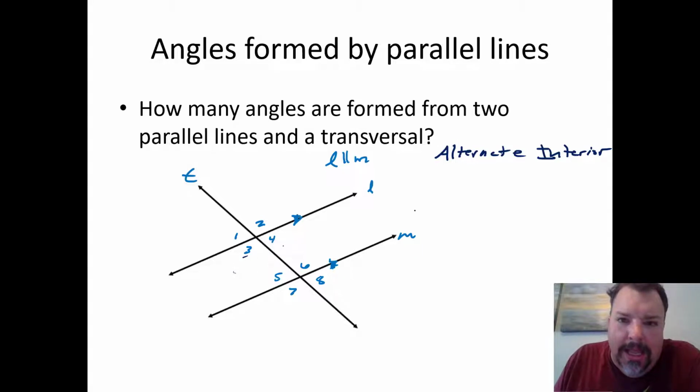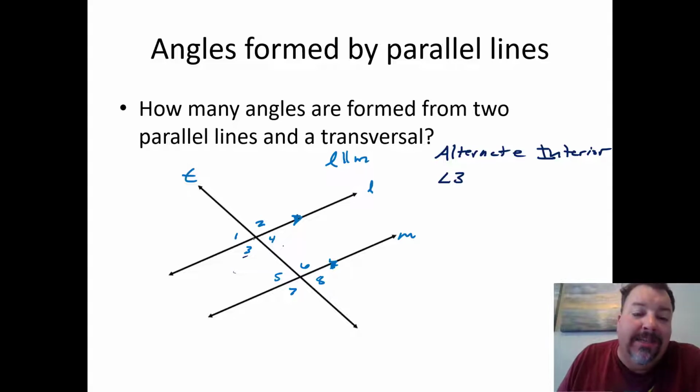And now angle 3, we want the alternate part. The alternate part means that it's not going to be right next to it. It means that I got to go across the transversal to the other side. Now 3 and 4 are not alternate interior because those are supplementary. So I got to go across and then down here to number 6. That's the alternate interior angle.